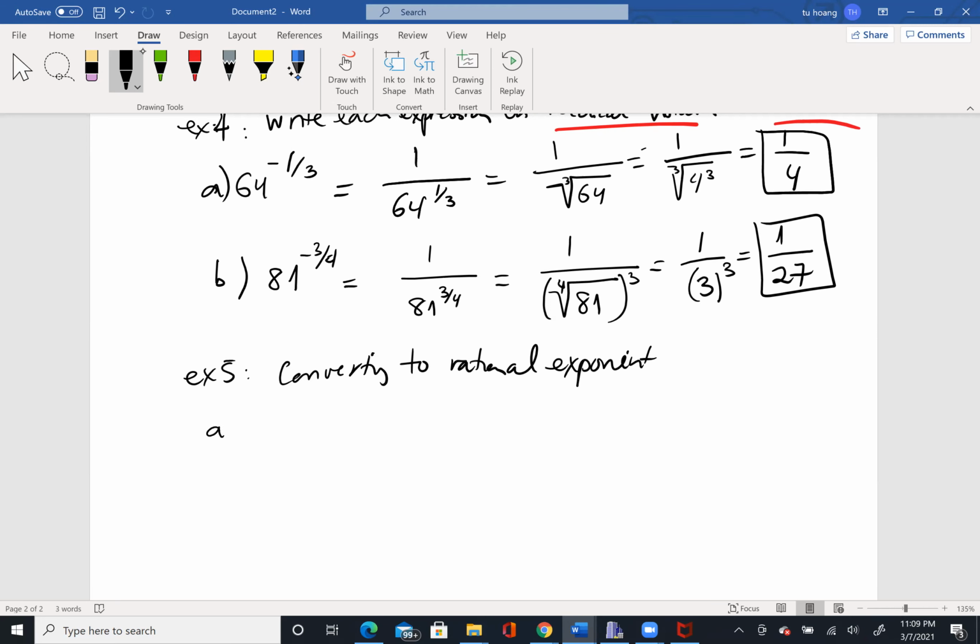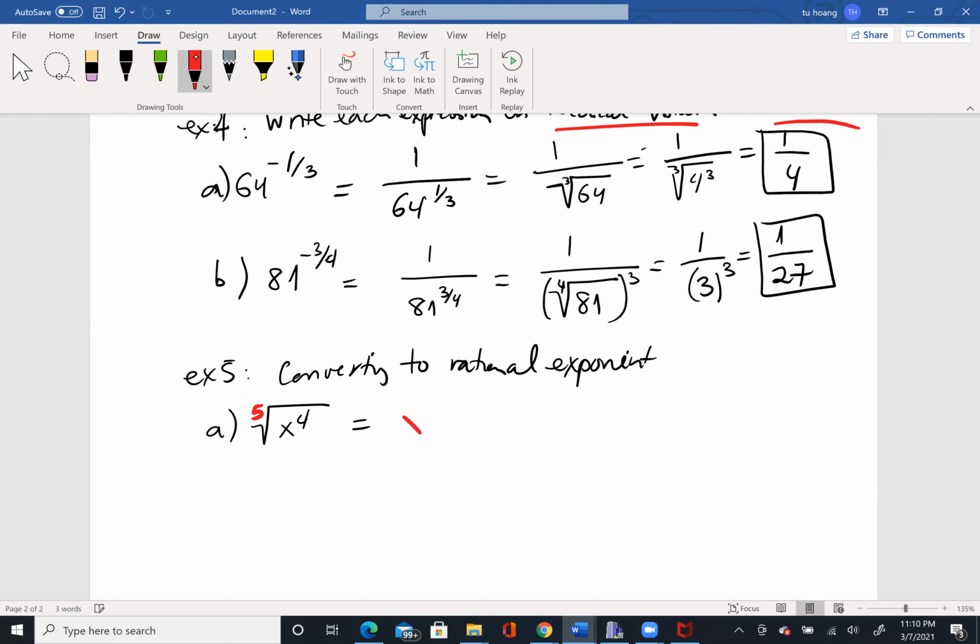Okay, so let's say A. The 5th root of x to the power 4 will be equal to, if you convert this to a rational exponent, make sure the index is the denominator of the power.